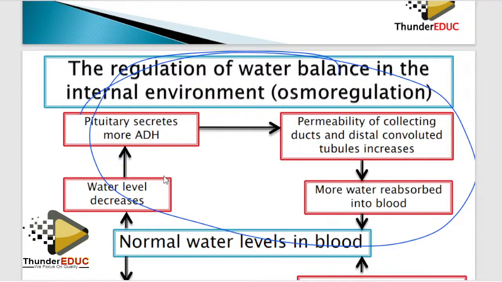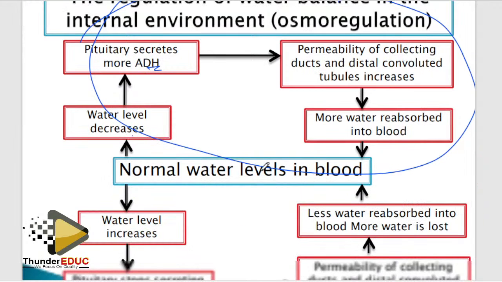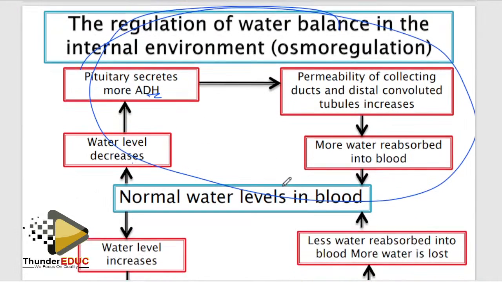When there is a low level of water in the blood, the pituitary gland secretes more ADH. This ADH is going to cause the permeability of the collecting duct and the distal convoluted tubule to increase, and then more water is going to be reabsorbed back into the blood, and then it goes back to normal. That's what you're supposed to explain.